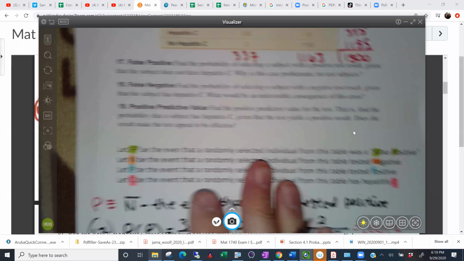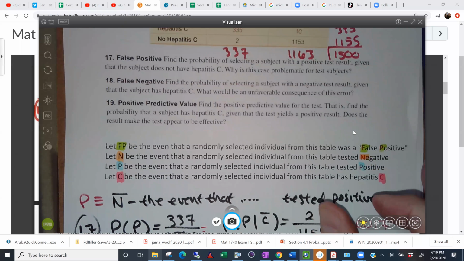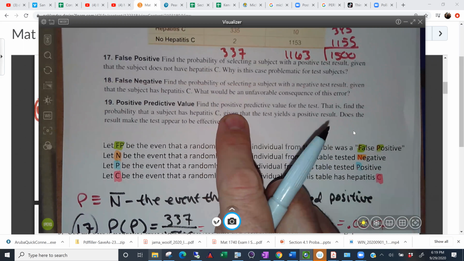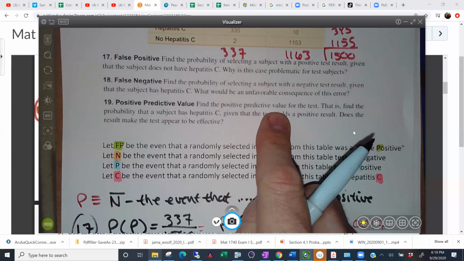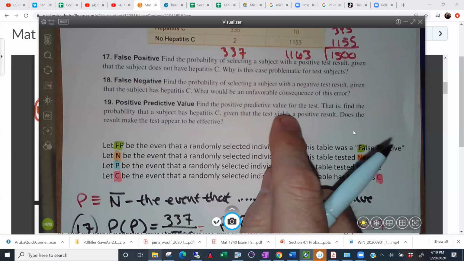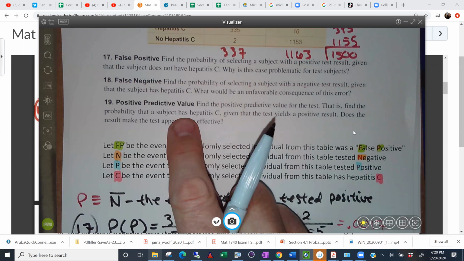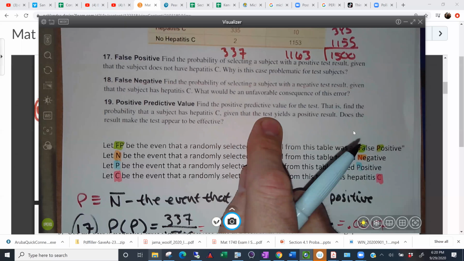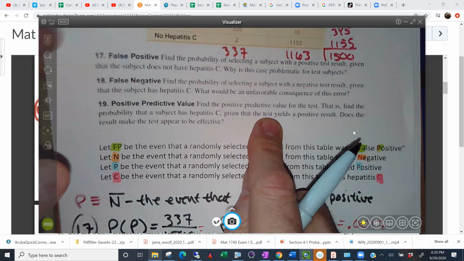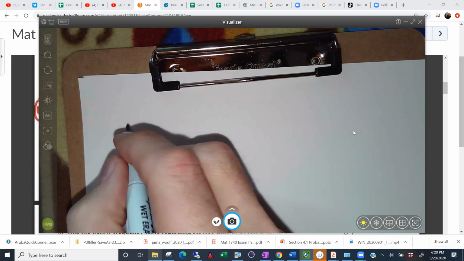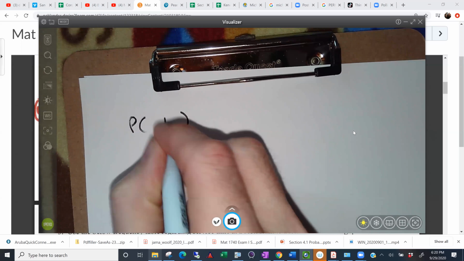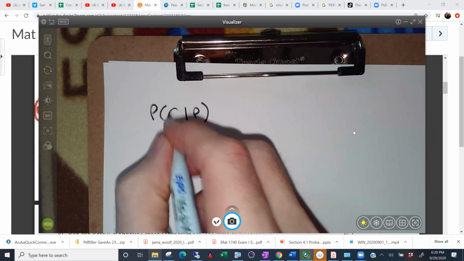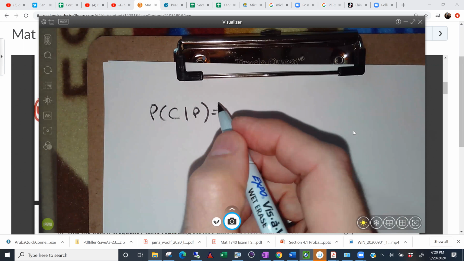I threw this in as a bonus for problem number 18. I probably shouldn't have. Find the probability of a positive predictive value for the test. That is the probability that they have hepatitis C given that they have a positive test result. They're telling you, okay, you've got a positive result, now what's the probability that you have hepatitis C? We did calculate that one.